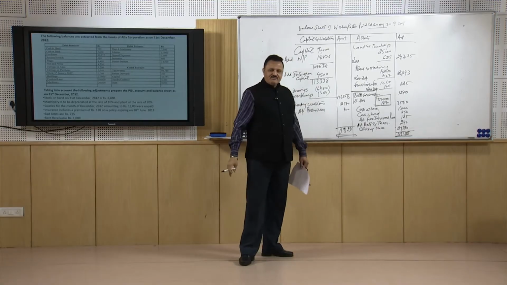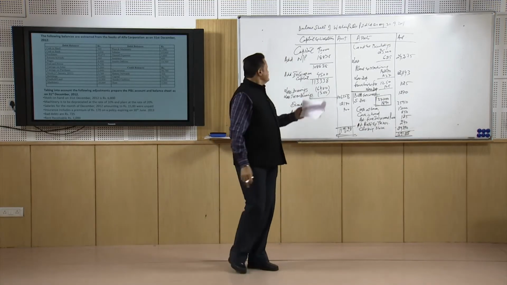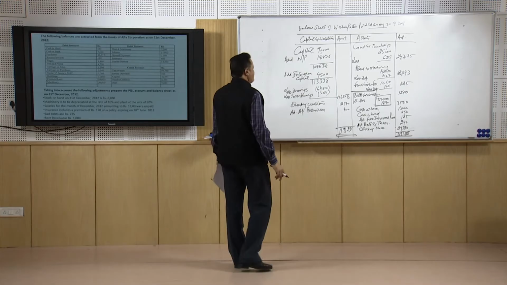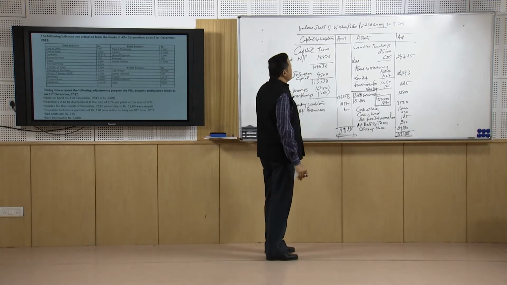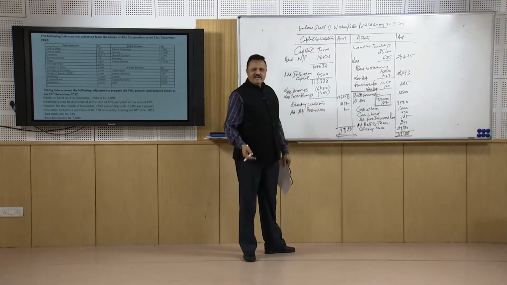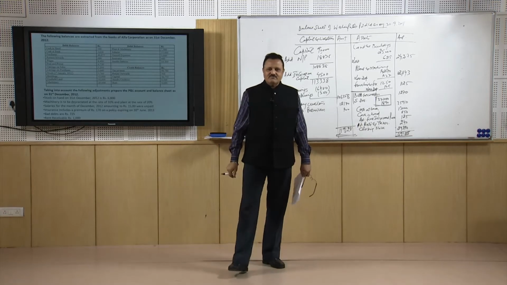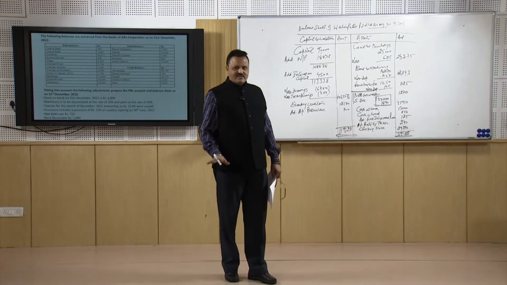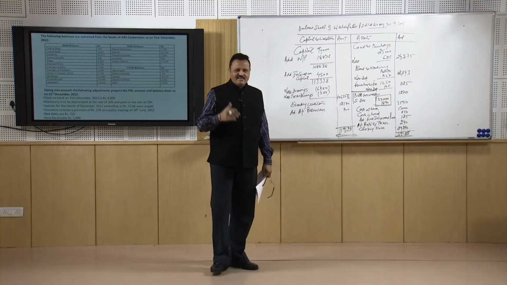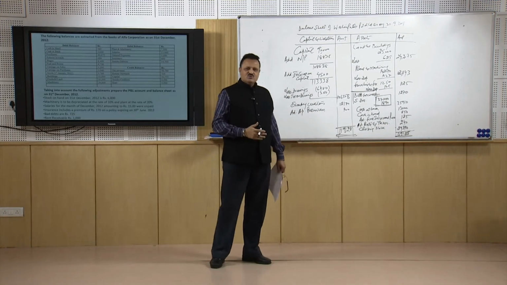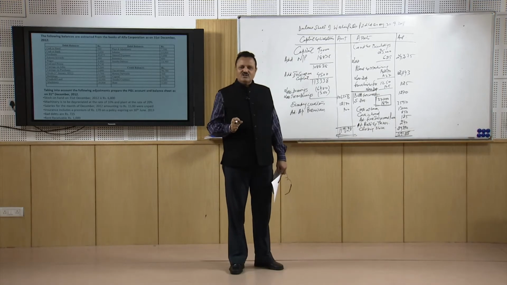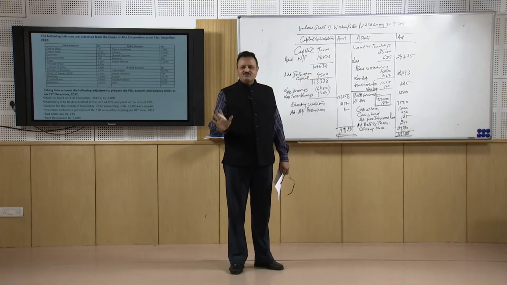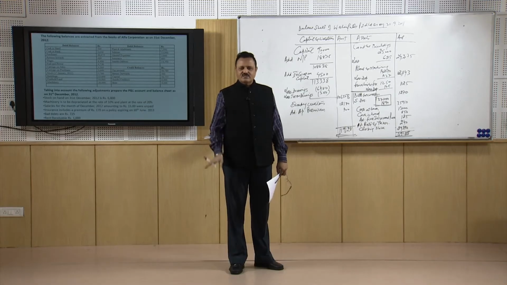Similarly in the profit and loss account, if you write, say, trading and profit and loss account of Waterfalls Private Limited as on 30 September 2011, it means everything is gone, is wrong. You have put the items on the debit side correctly, on the credit side correctly, you have shown all the items, you have calculated profit and loss correctly, everything is right, but if the format is wrong, you are gone.